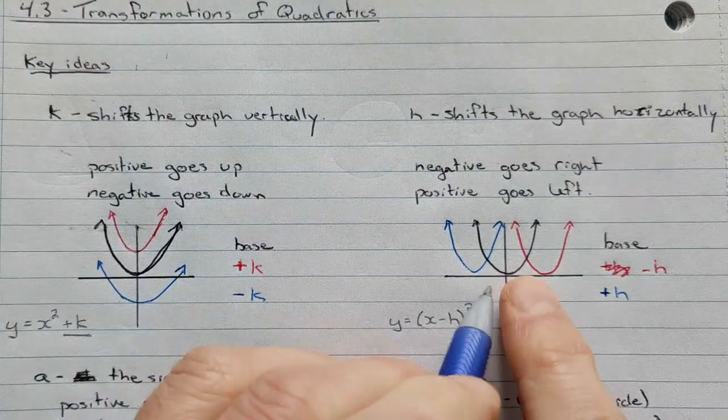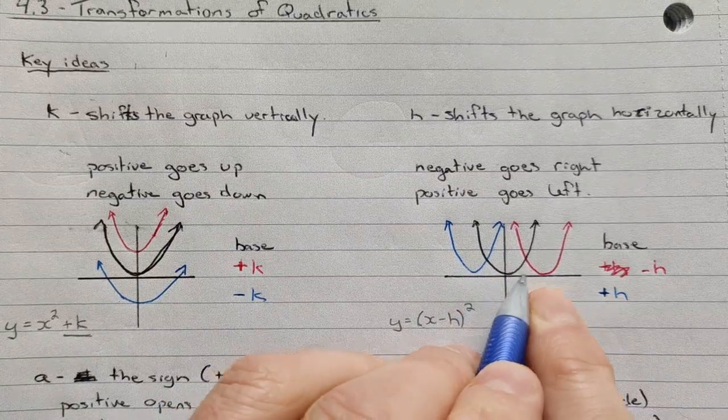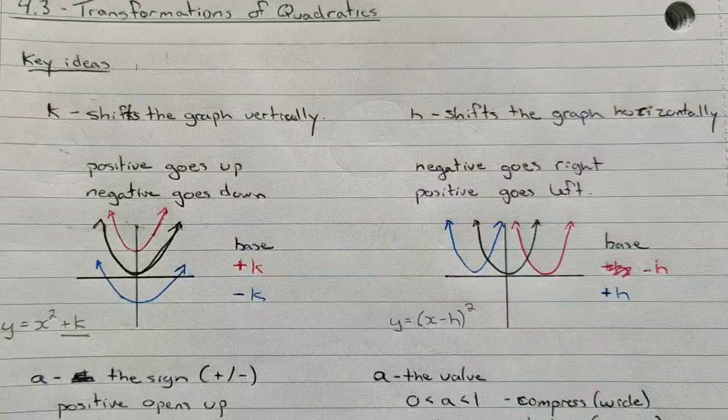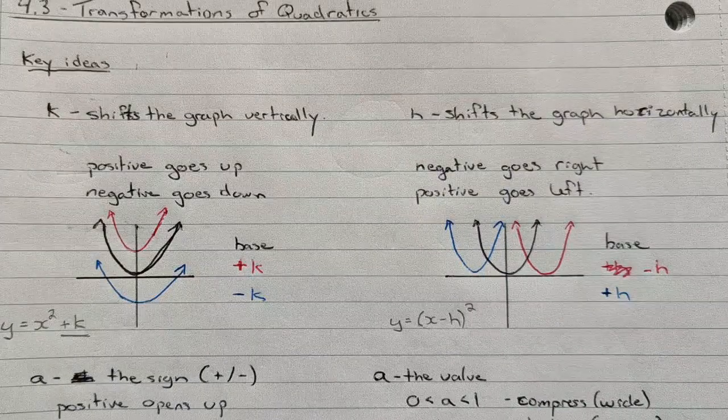Taking each point on this graph, this vertex just shifts over by that number of values.